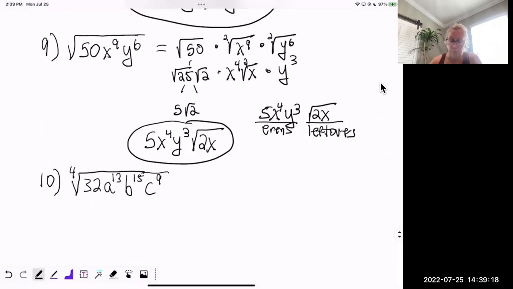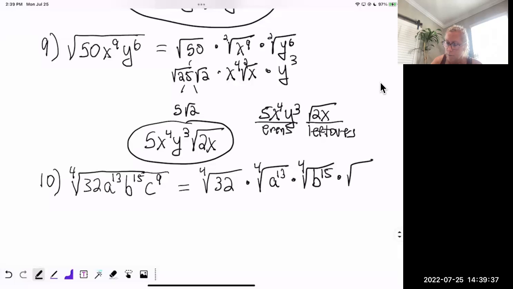Those all to the fourth root. All right, so fourth root of 32 times fourth root of a to the 13 times fourth root of b to the 15 times the fourth root of c to the 9th.